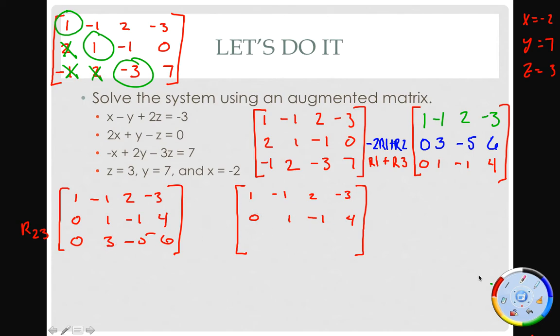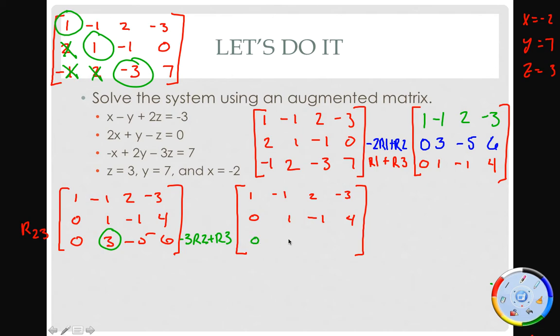Now what I need to do is I need to get rid of this 3. Well, I can do that by saying -3 times row 2. I don't want to do row 1 because then I'm going to get this 1 plus 0 and then I'm going to mess up my zeros here. So if I take 3 times row 2 and add it to row 3, this becomes a -3 plus 3, which is 0.